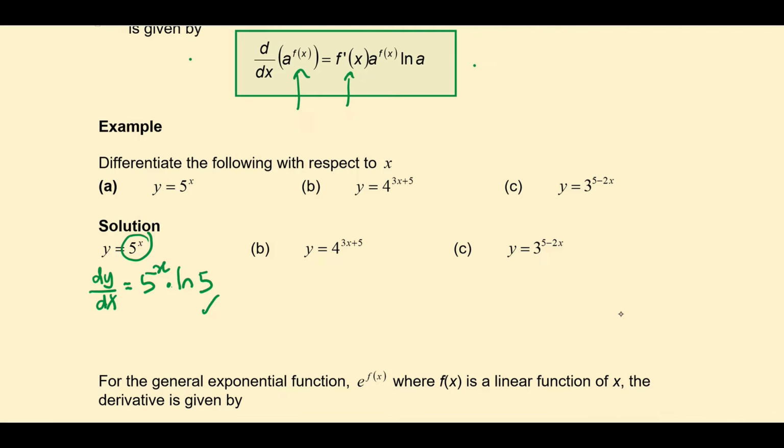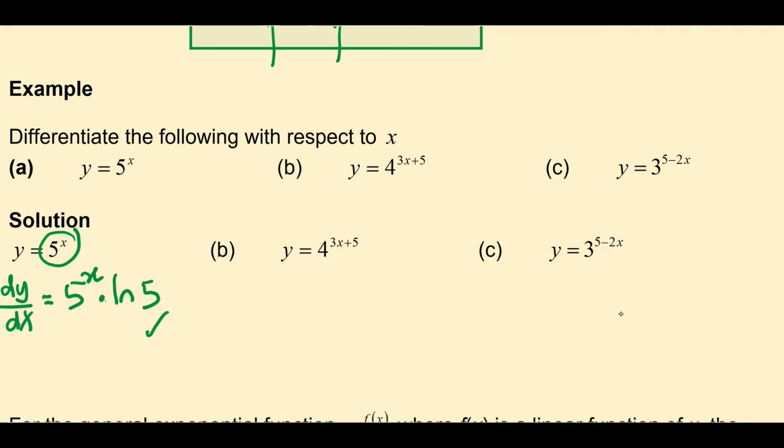B. If y equals 4 to the power of 3x plus 5, so what is dy/dx? dy/dx is equal to 4 to the power of 3x plus 5. Then you need to differentiate 3x plus 5. The answer is 3. Then you need to multiply with ln 4.